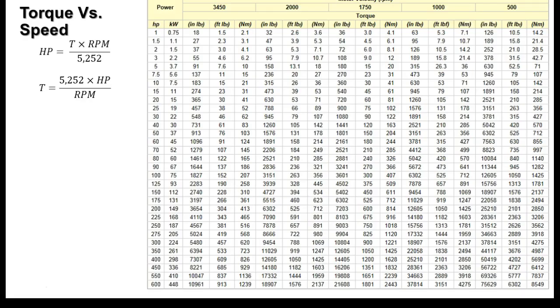So, torque versus speed. Where the 5,252 came from, I'm not really sure, but it's a constant. And these are different torques. What you have to understand is that in a gearbox, we're going to do one of 2 things. We're not going to change power.